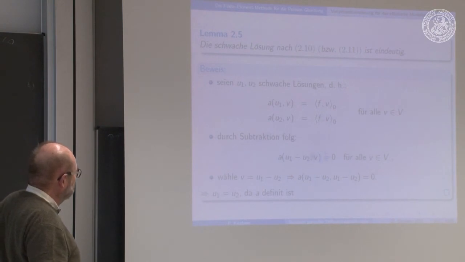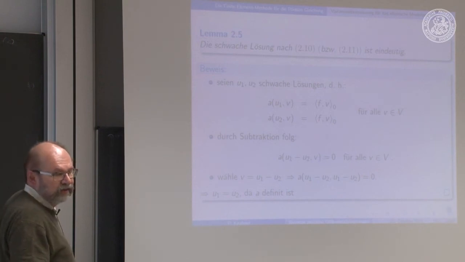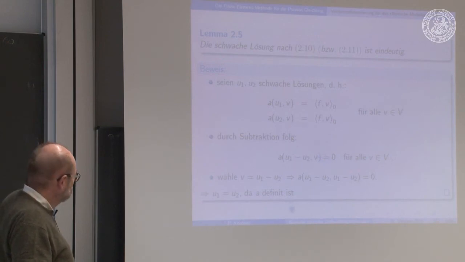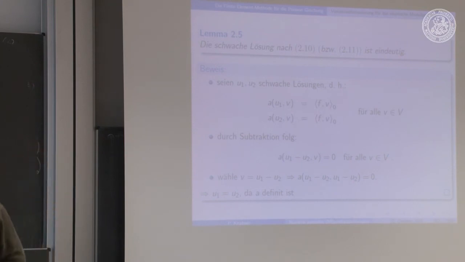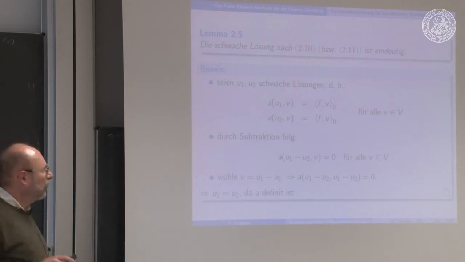Okay, and now we are still free to choose the test function. And now, of course, I'm allowed to choose as test function U1 minus U2. Then I see that A(U1 minus U2, U1 minus U2) is equal to 0. And if I know that the bilinear form A is definite, this can only work if this vector is the 0 vector.